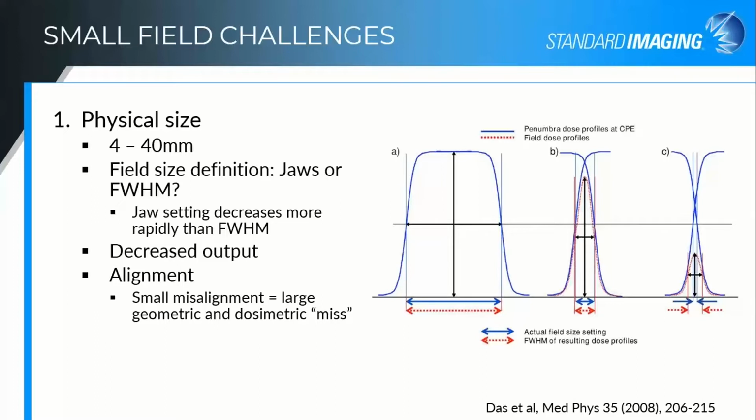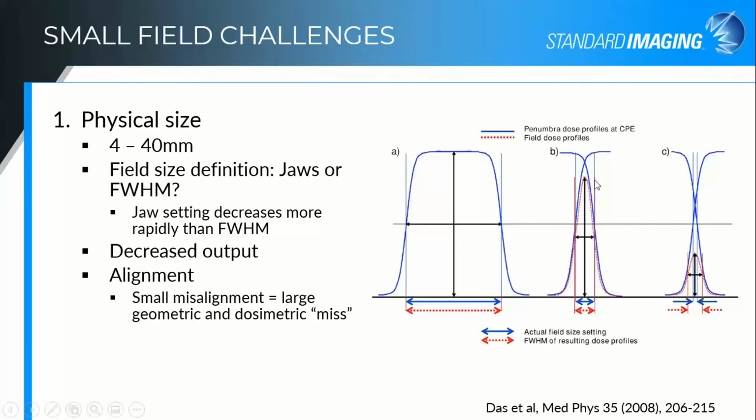Are you defining that based on the jaws, or is it based on a full width half max from a stereotactic cone, for instance? The discrepancy between where the jaw positions or collimating device are and the actual full width half max of your field increases as your field size decreases.